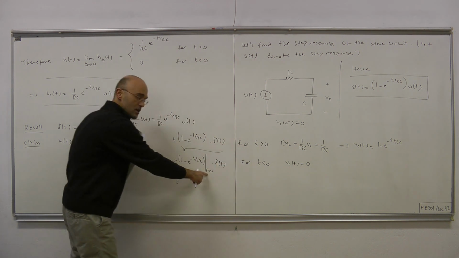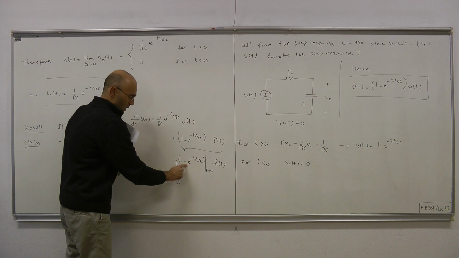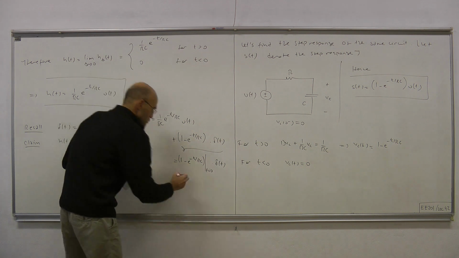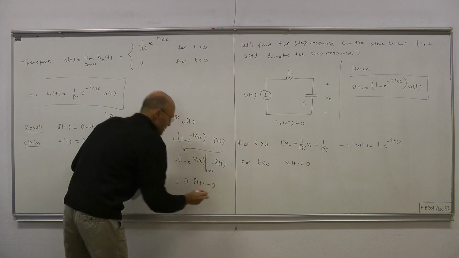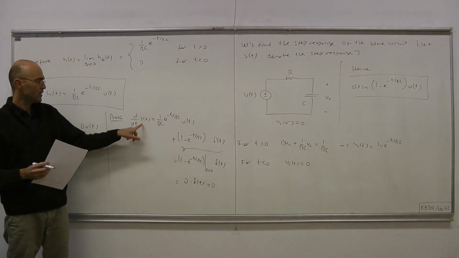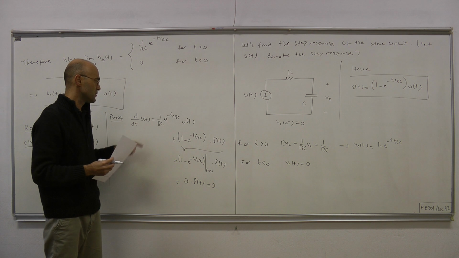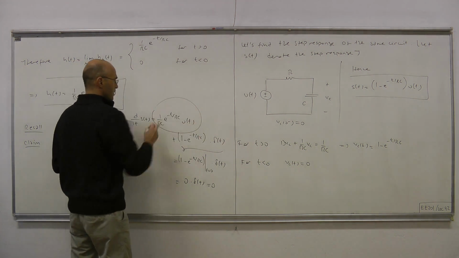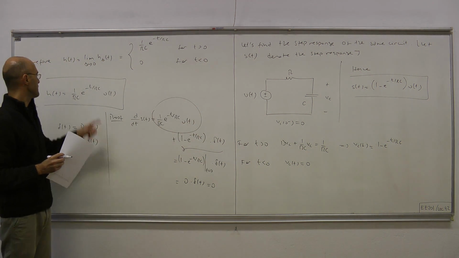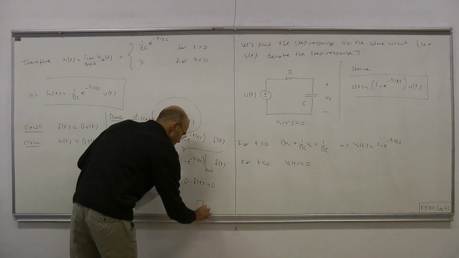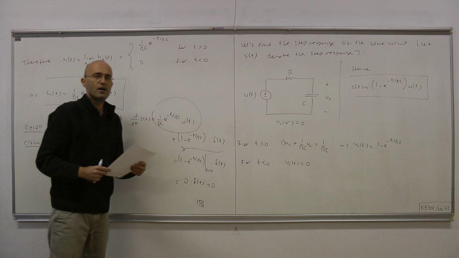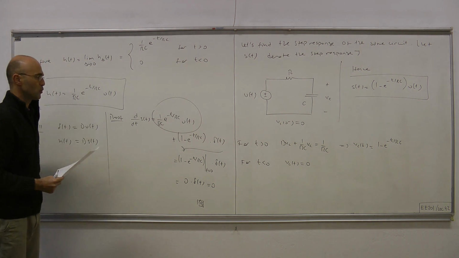So if you plug in t equals 0 here, this is 1 minus 1, 0, so what we have is 0 times delta(t), which is 0. Therefore, the derivative of step response is this thing, and that's no other than the impulse response. Okay, so that's the end of our very short proof.